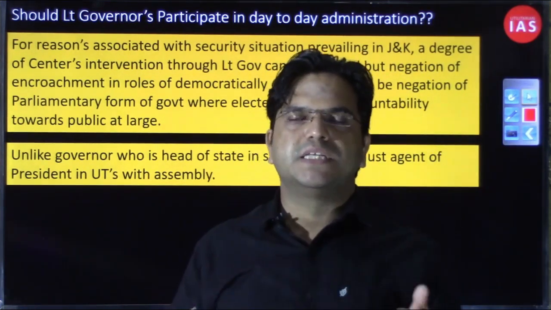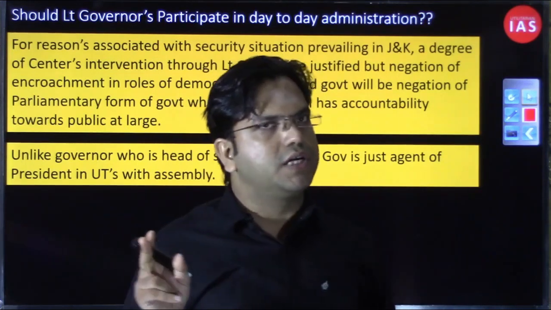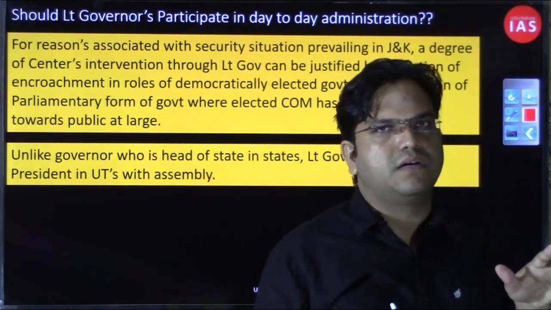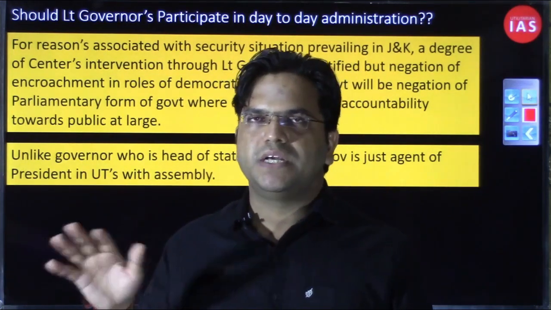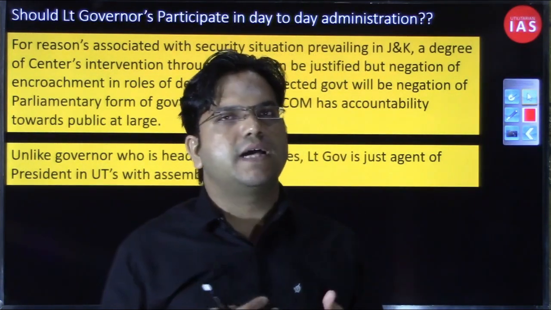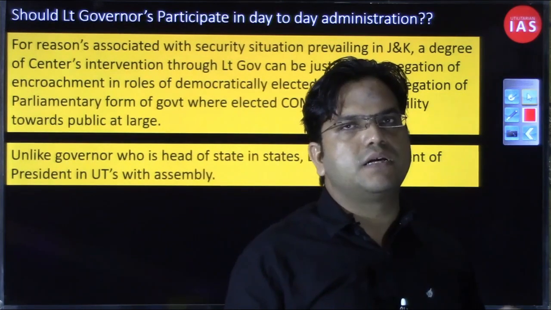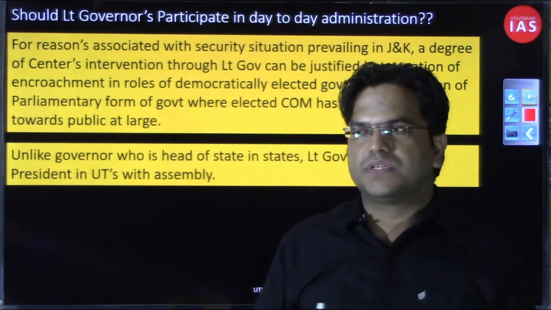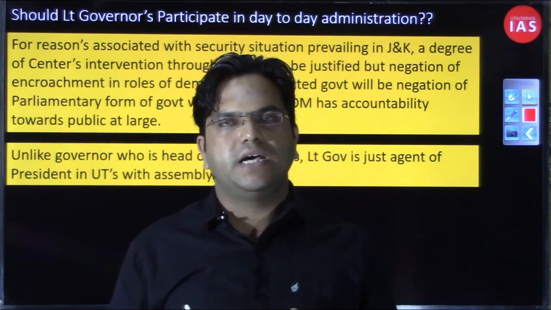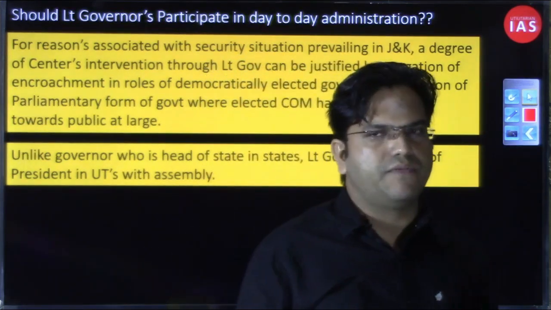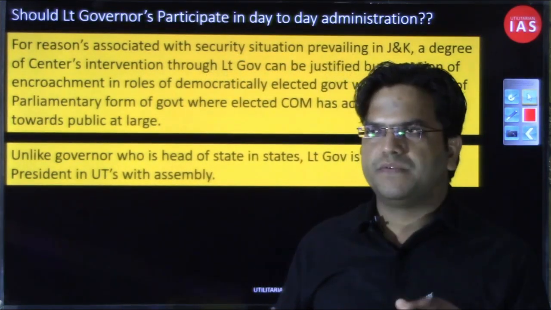If there have been skirmishes between the Governor, the role of the Governor that was played in Rajasthan, so on the role of the Governor there may be a question. If there have been similar skirmishes at the central level between the President and the Council of Ministers, then again there can be. So these topics or chapters are dynamic, and if you suggest, I can have another separate video for the mains.